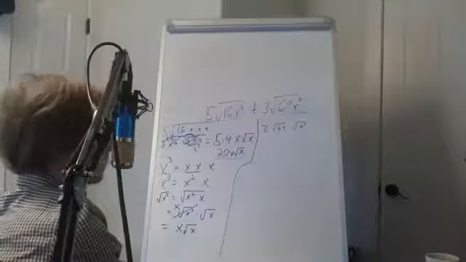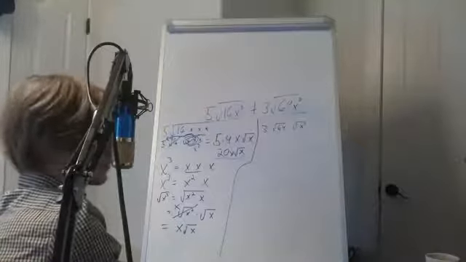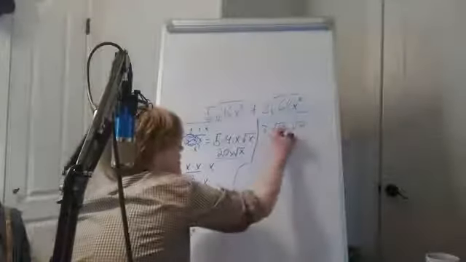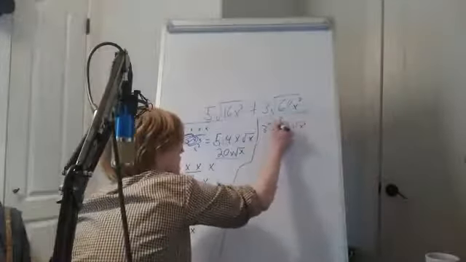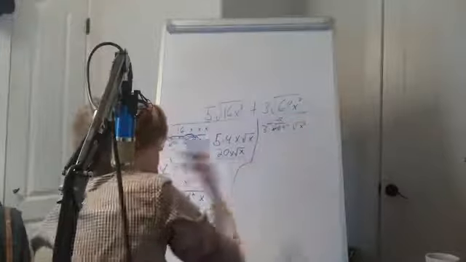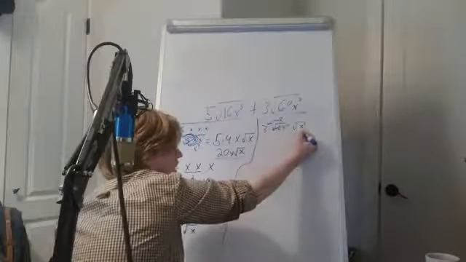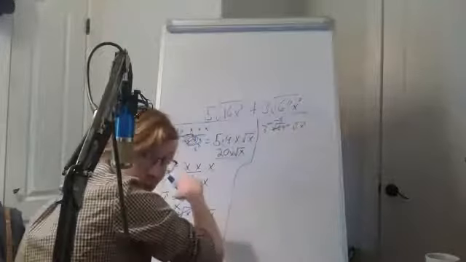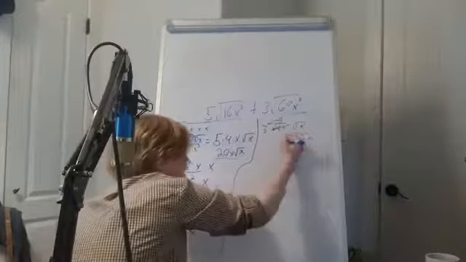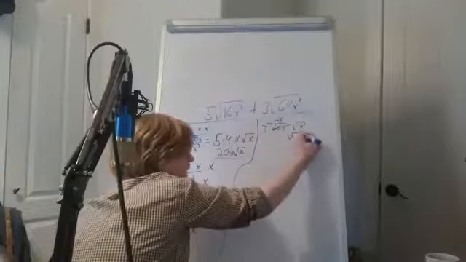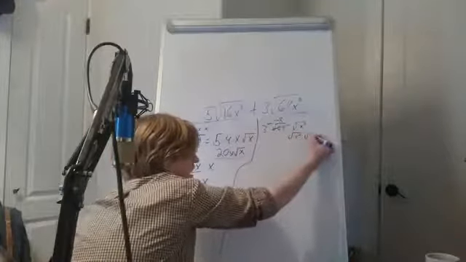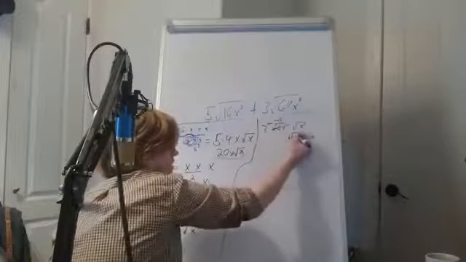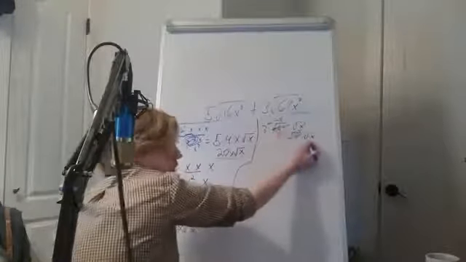All right. Next, we need to take these square roots. The square root of 64 is 8, so 8 gets pulled out. The square root of x cubed, we just did that on the other side. That is equal to the square root of x squared times the square root of x. Square root of x squared is x, so x gets pulled out, and the square root of x is left.